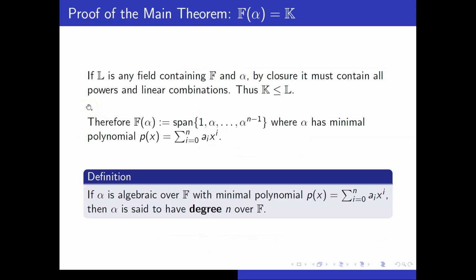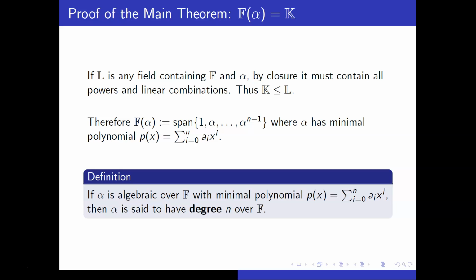Okay. Well, that pretty much does it for us. We know that K, this span of 1, alpha, up to alpha to the n minus 1, I know it's a field. Okay, so if I take any field L that contains F and contains alpha, well, L is closed, so it has to contain all powers of alpha.